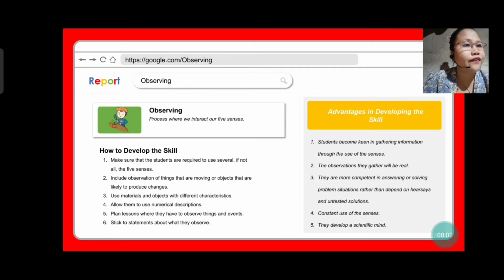The fourth advantage is that the students will constantly use the senses. They learn in school that through using your five senses, you can describe things. So when at home, they can use that knowledge to describe different things at home. And the fifth advantage is that they will develop a scientific mind.